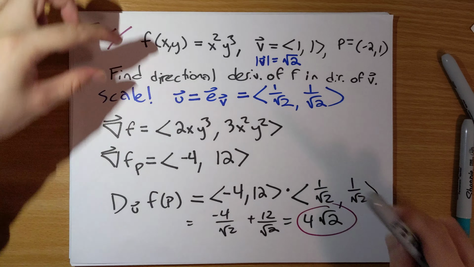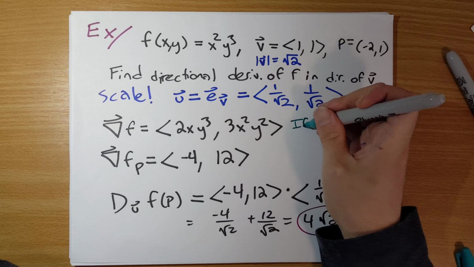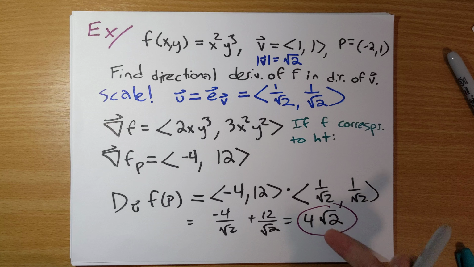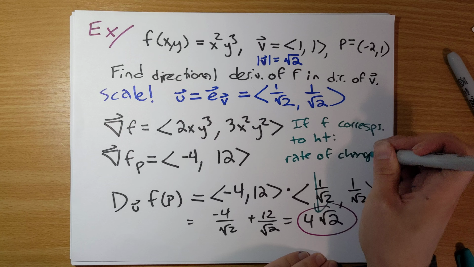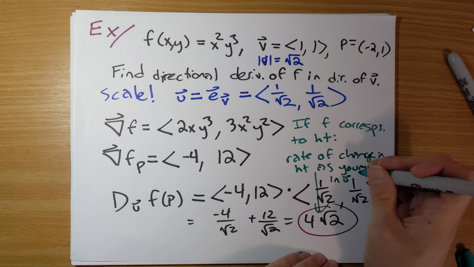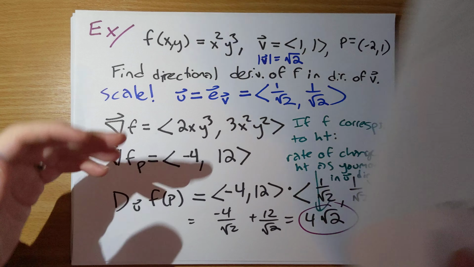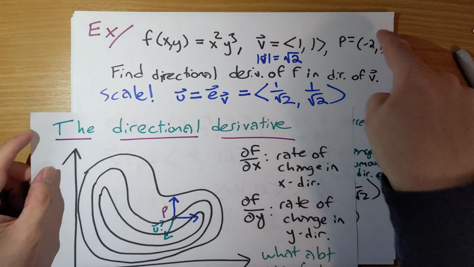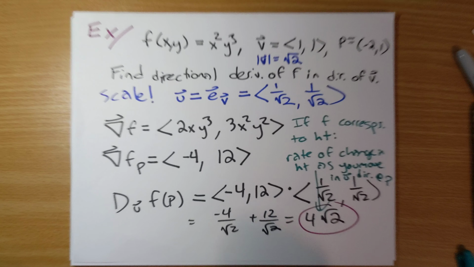And to wrap up the discussion of this particular problem, let me point out that if f corresponds to height, then this is the rate of change in height as you move in the u direction at P. I know this got a little bit scrambled, and this drawing does not correspond to this function, but the idea is that at this point P, if you go in a certain direction, the u direction, this is your change of height.